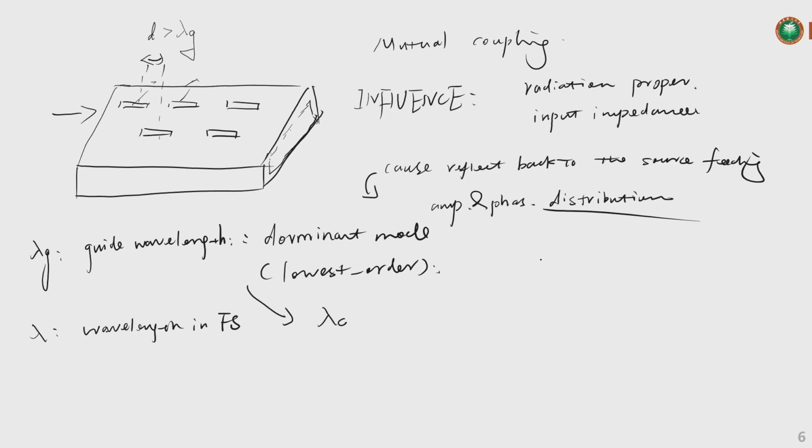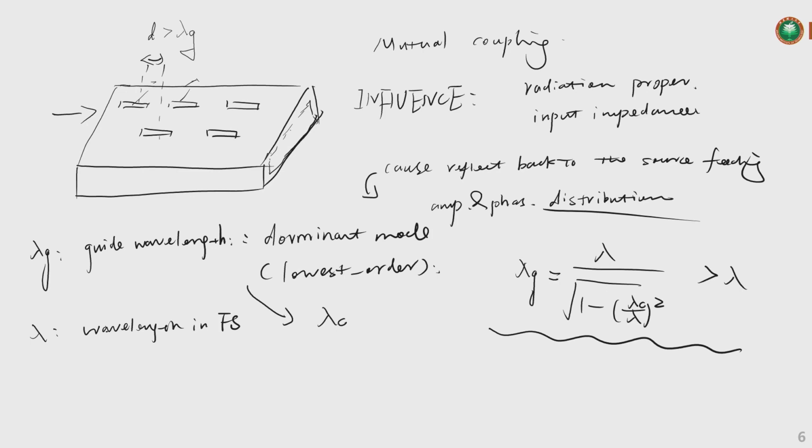So lambda g can be expressed, just for a rectangular waveguide, as lambda over the square root of 1 minus (lambda over lambda c) squared. From this expression, we can see that the guide wavelength lambda g is usually larger than the wavelength in free space, alright? So usually it's larger than lambda.